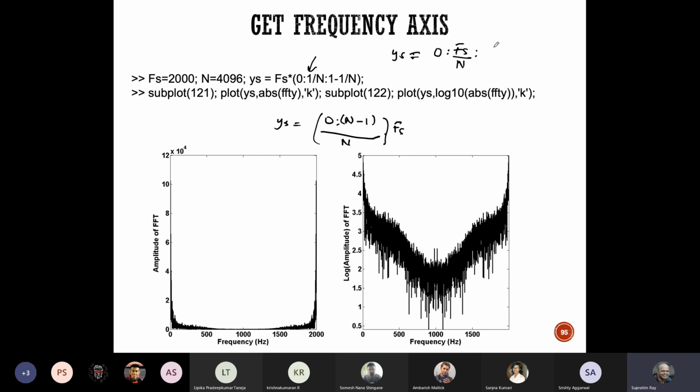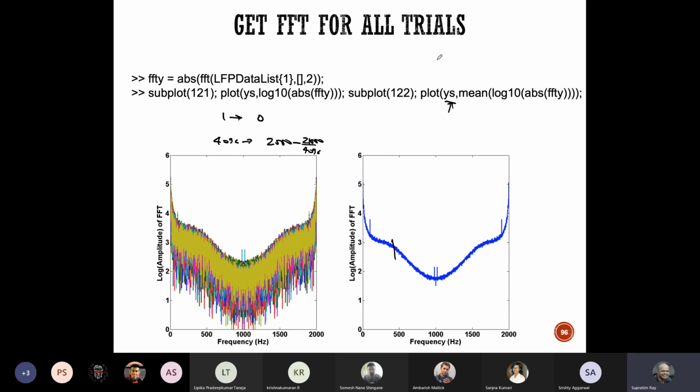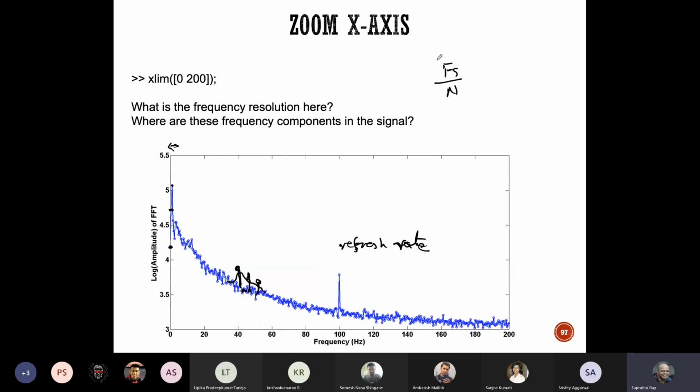And the last point is Fs minus Fs by n. So the spacing is Fs by n, and this spacing is the frequency resolution. It is the difference between the first point and the second point and the third point, and so on. So how do I make this number very small?